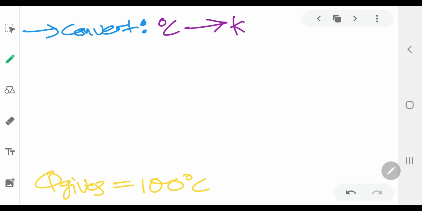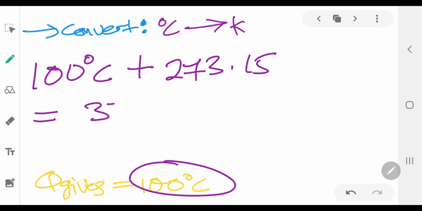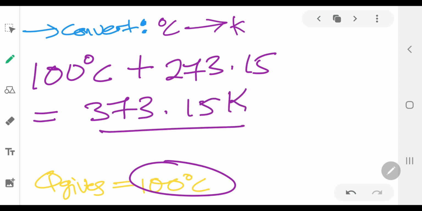What about your temperature? You get 100 degrees Celsius, that is what the question gives, plus 273.15, which is 373.15 Kelvin.